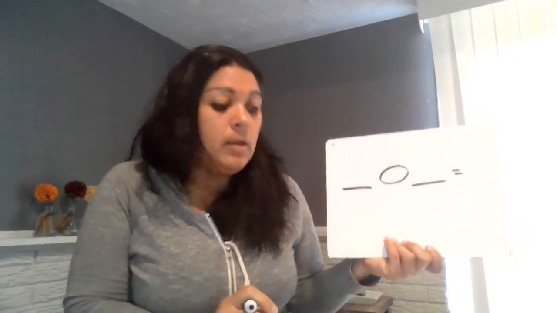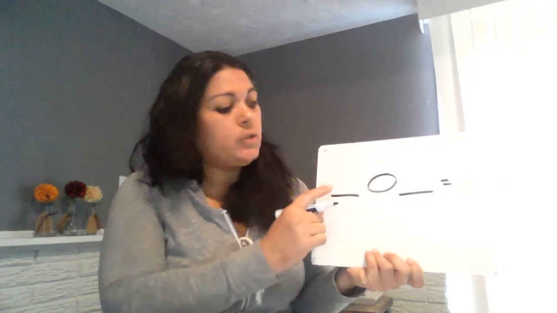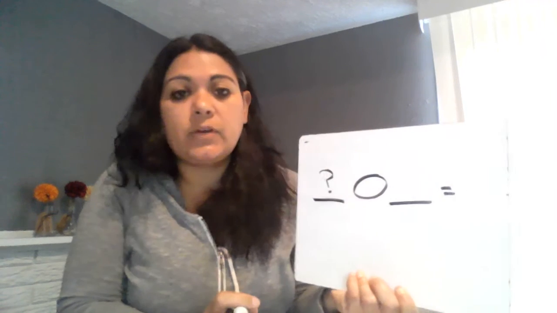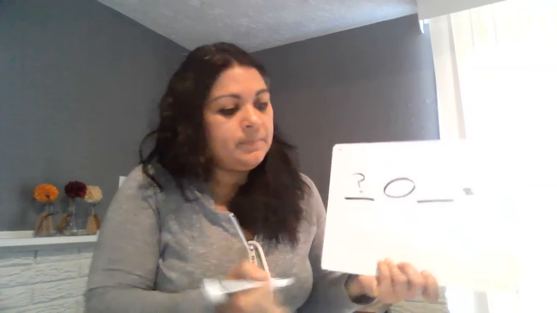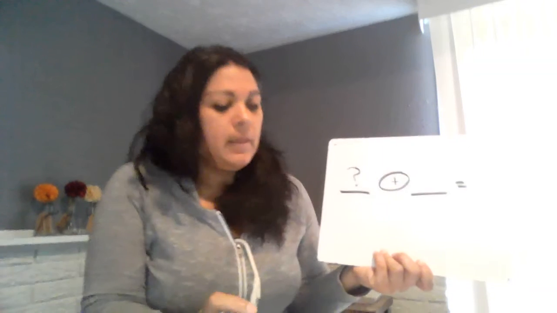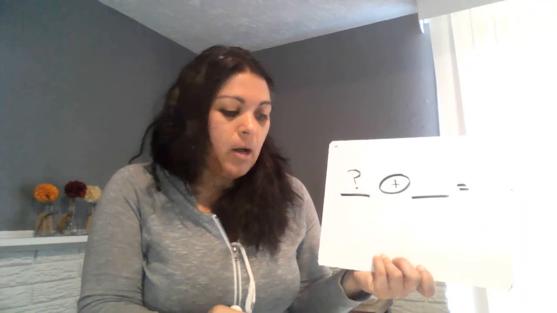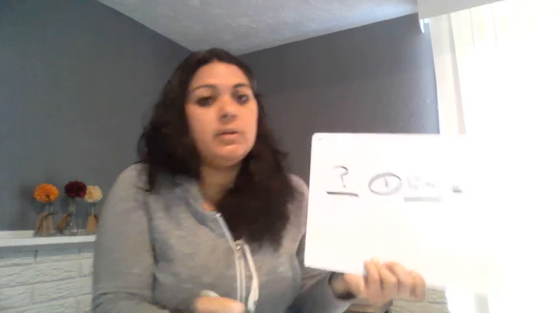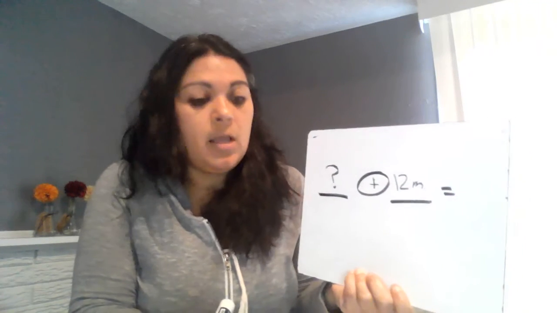Morgan threw the ball several meters. So we do not know what is in this first add-in place. We know that we are adding. Logan threw the ball 12 meters. And I'm going to put an M so I know that we're talking about meters.